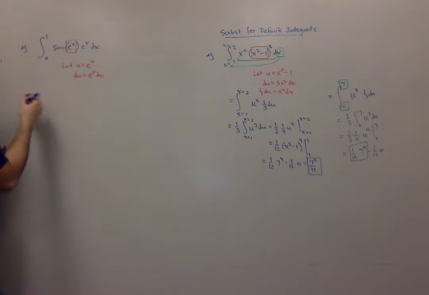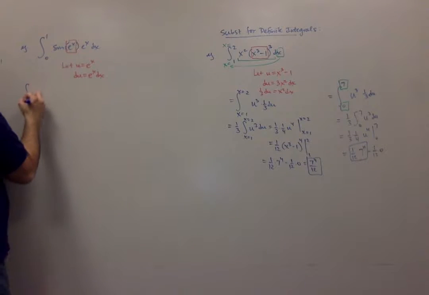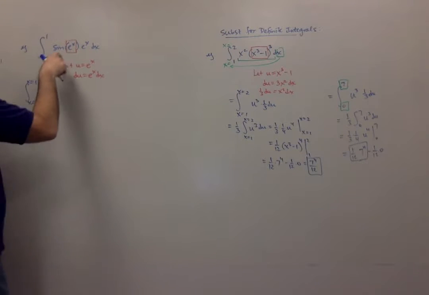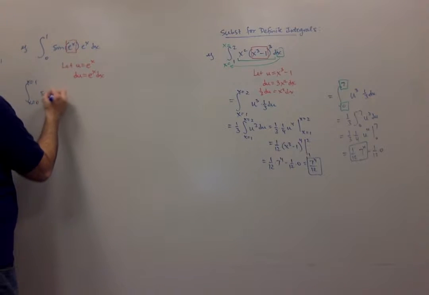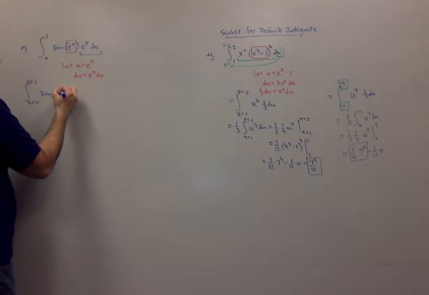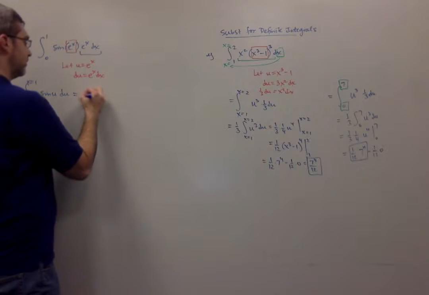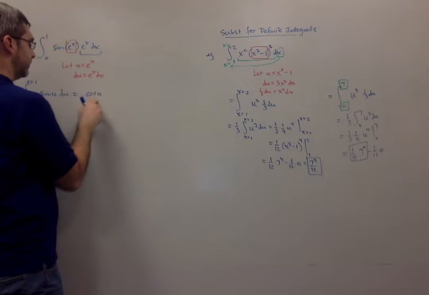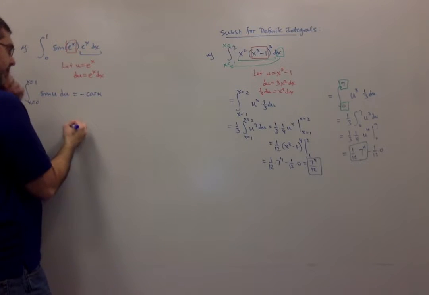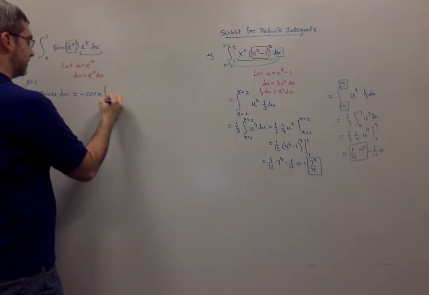Let's do this first technique here. So let's substitute. I'm going to keep my limits of integration according to x's. But I see the sine of u, and then this other part right here ends up being the du. And the antiderivative of sine is cosine, except my derivative is going to give me a negative, so I need a negative there, compensating for that.